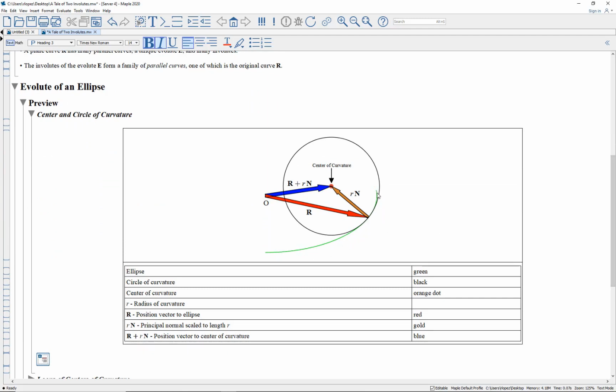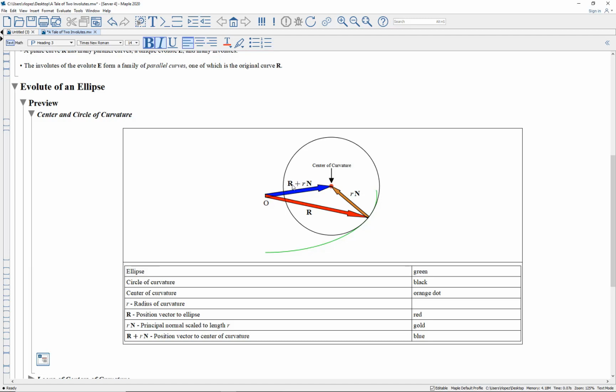This green curve is a piece of the ellipse. Here's our ellipse, going to go this way. Center. Position vector r to a point on the ellipse. At that point, we construct a principal normal, which points in towards the center of curvature, but we scale the length of that principal normal, which is a unit vector, by the radius of curvature. So that means that this gold vector is going to go right to the center of curvature.